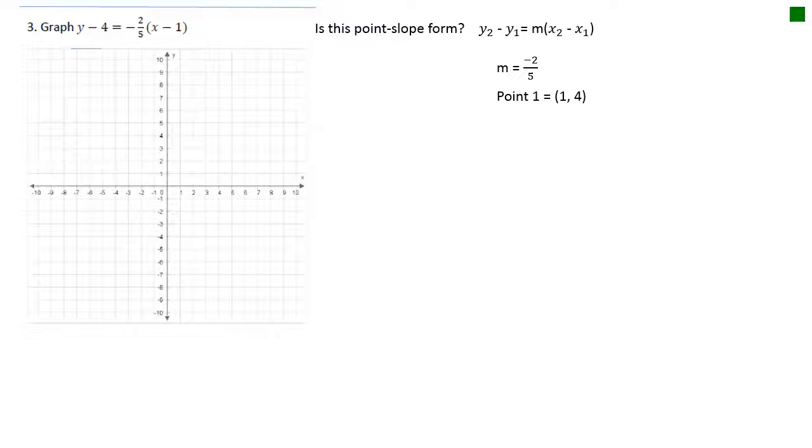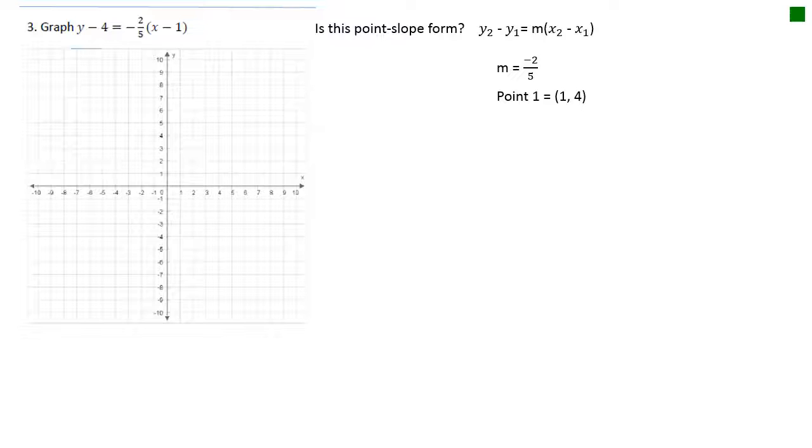Looking at number 3, we want to graph y minus 4 is equal to negative 2/5 times x minus 1. Now looking at this equation here, notice that it is in point-slope form.